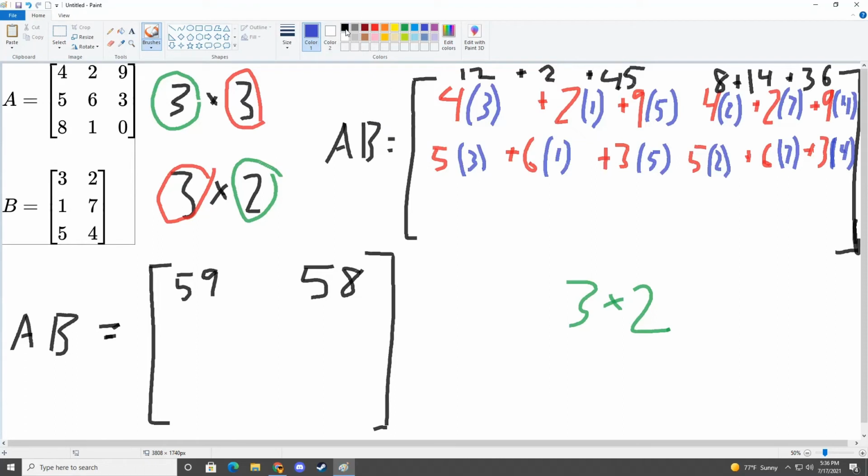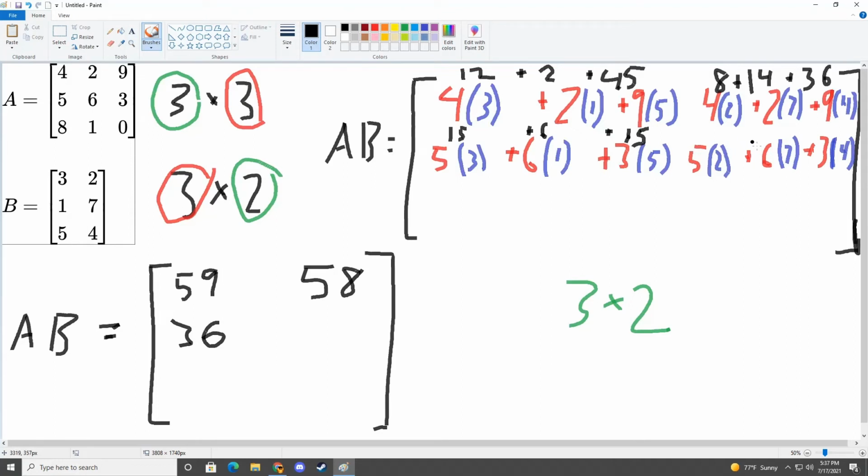Alright, so now let's solve this. 5 times 3, that's 15. And 6 times 1 is 6. And 3 times 5 is 15. So 15 plus 15, that's 30. 30 plus 6, and that's 36.